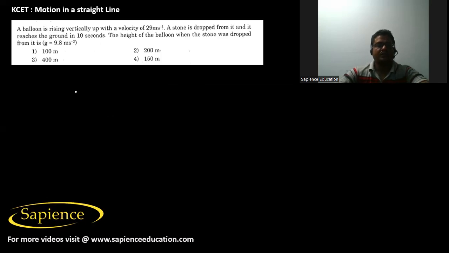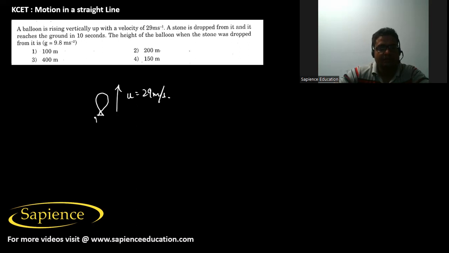And then here it is told a balloon is rising vertically. A balloon rises vertically upwards with a velocity u, which is 29 meter per second. A stone is dropped from it, and it reaches the ground in 10 seconds.